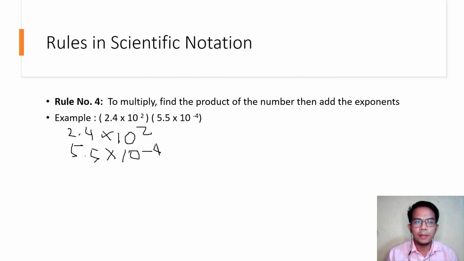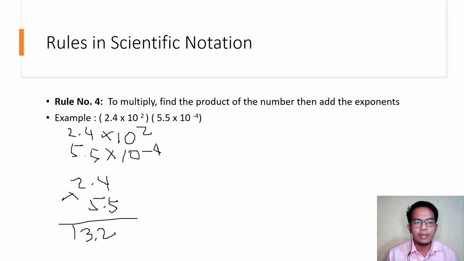We will multiply first the whole numbers, 2.4 multiplied by 5.5. So 2.4 times 5.5 is equal to 13.2.